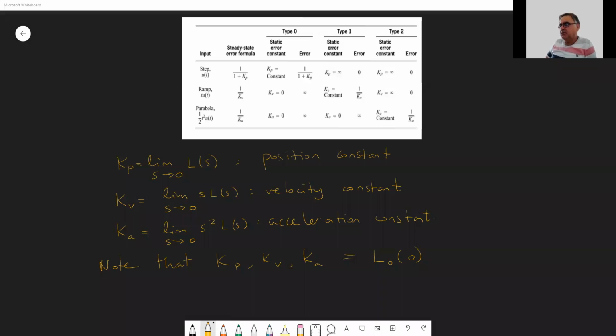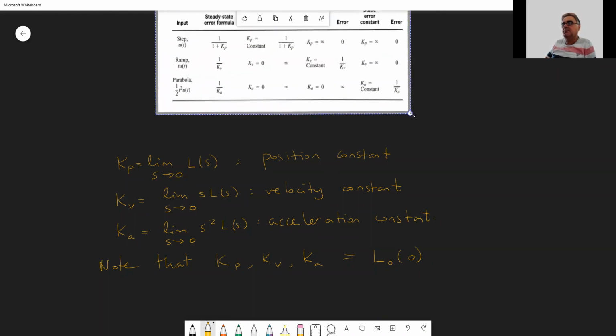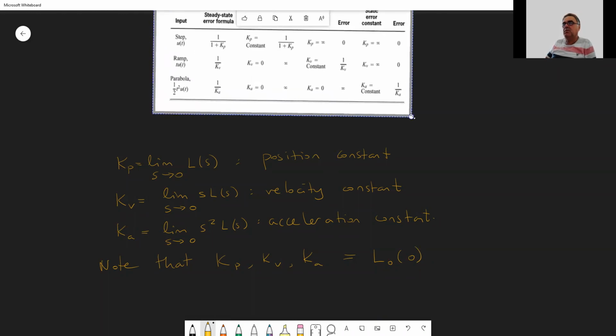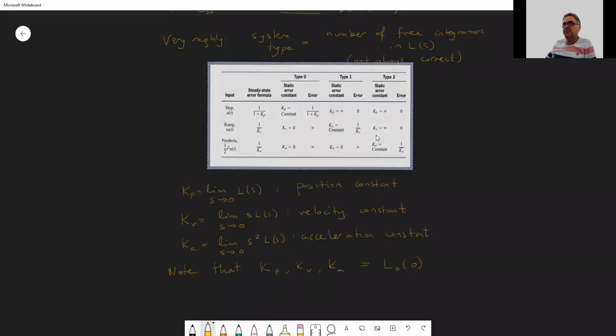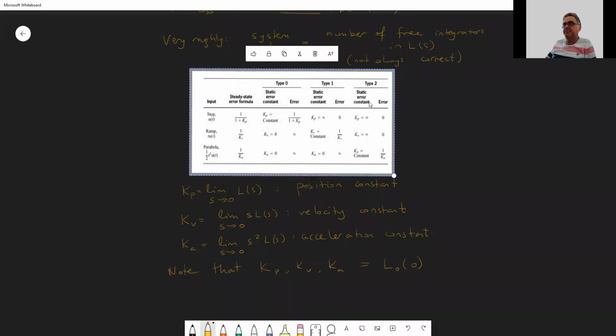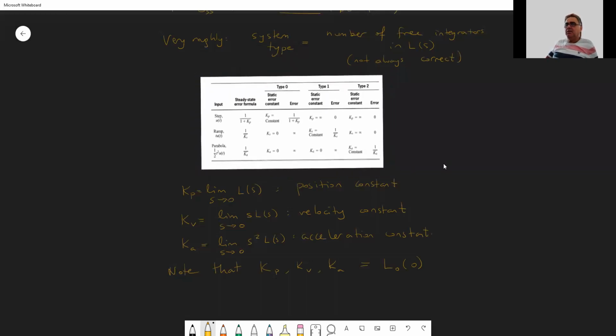The other one was a little bit confusing, so I'll use this one. I guess it would be better if I had drawn it myself. Okay, so this is what we have.